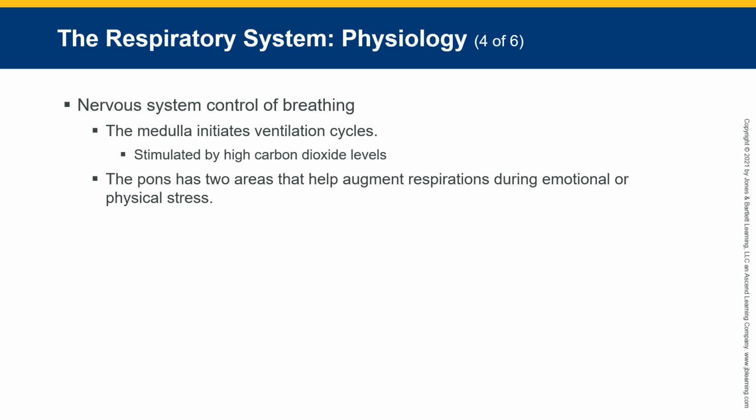The pons has two areas that help automate respiration during emotional or physical stress. So people who hyperventilate, too much ventilation, panic attacks, get tingling in the fingers, tingling in the feet, tingling in the face.